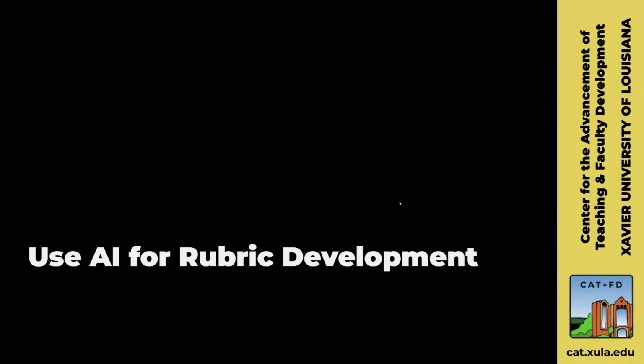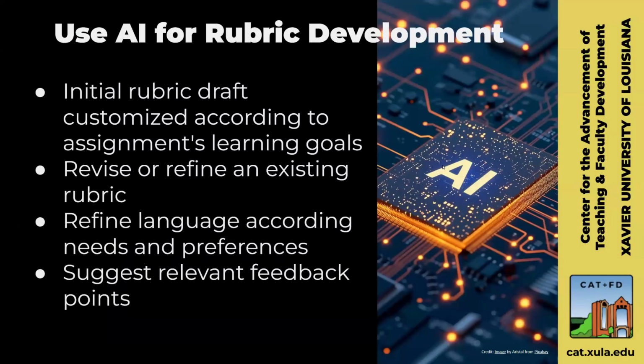All right, so we're going to talk a little bit about how you can use AI to develop your rubrics. You can use an AI tool for that initial draft of your rubric. And as Jay mentioned earlier, if you also provide it with the learning outcomes, the assignment information and whatnot, it'll do a pretty good job of helping you develop that initial draft of your rubric.